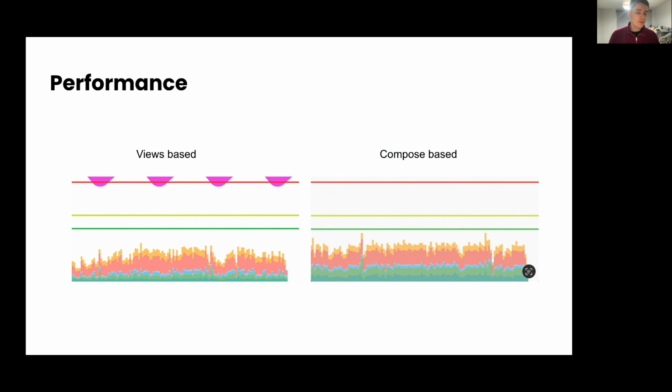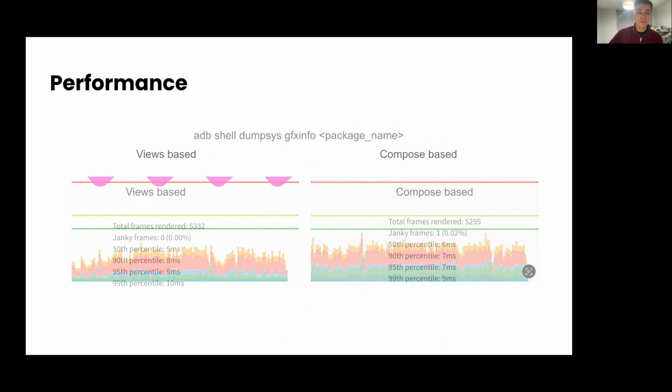I tried on different devices, on a very weak device and on a very strong device. All animations are working smoothly, and you cannot distinguish between them, which is good news for Compose. But you need to keep in mind that Compose might not be as performant as Views.